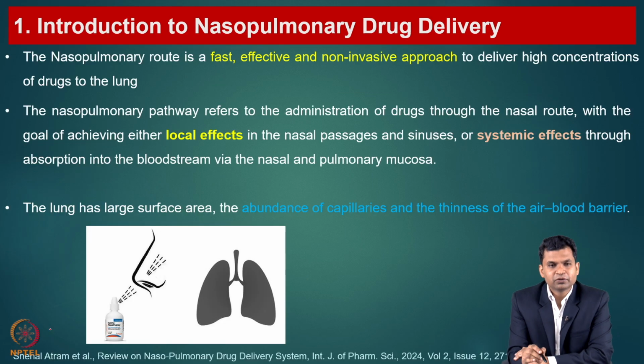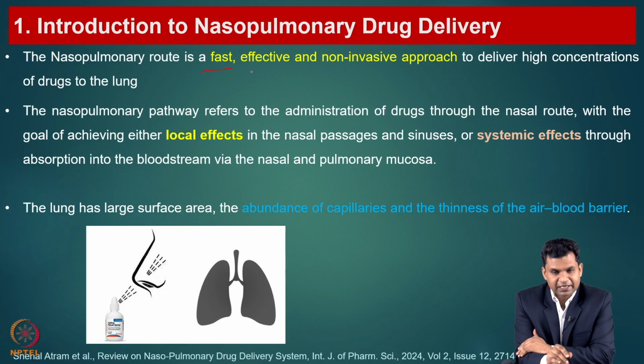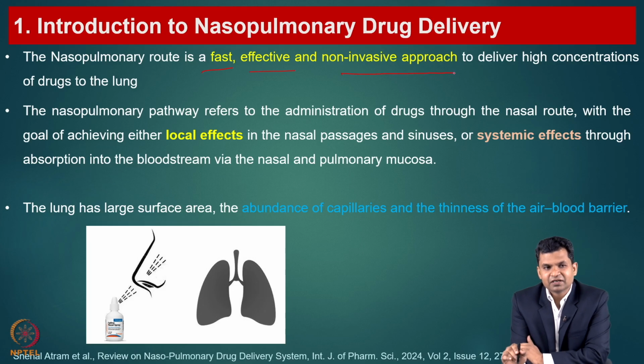The nasopulmonary route is a fast, effective, non-invasive approach to deliver high concentrations of drugs to the lung. Now, try to remember what we discussed in our previous lectures. Oral mucosal formulations are also very fast in onset of action, effective, and non-invasive.